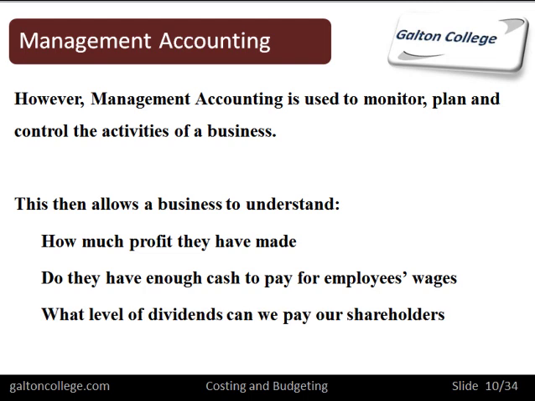And having some knowledge of the profitability of the business means that the owners can then set dividend payments to the shareholders. And it's also possible out of the profits to expand the business or to reorganize the business or improve efficiency by improving technology within the business.